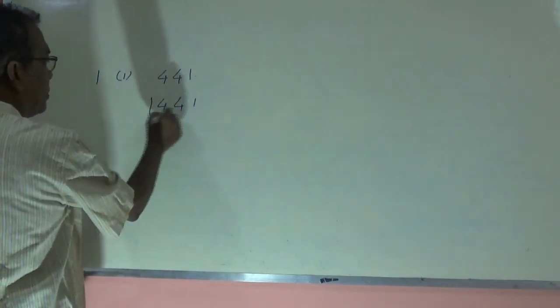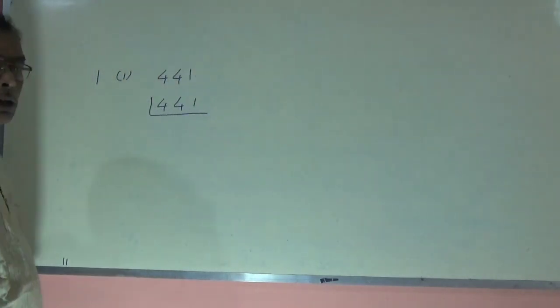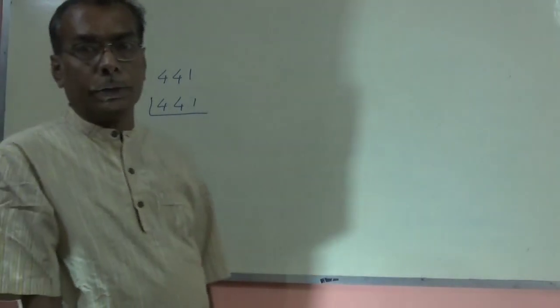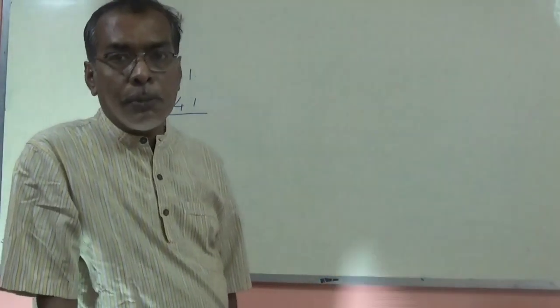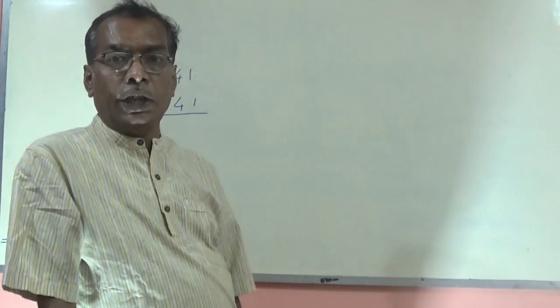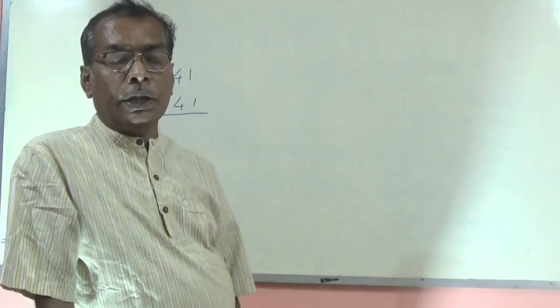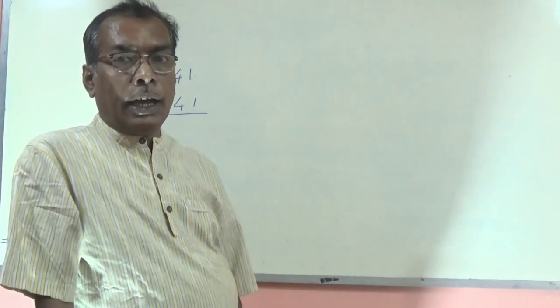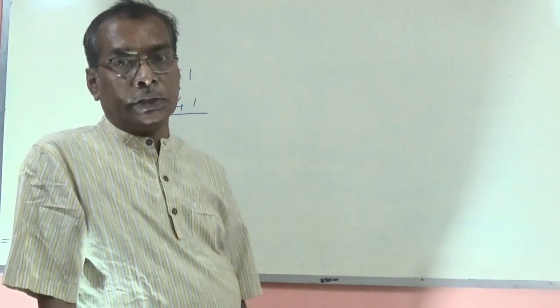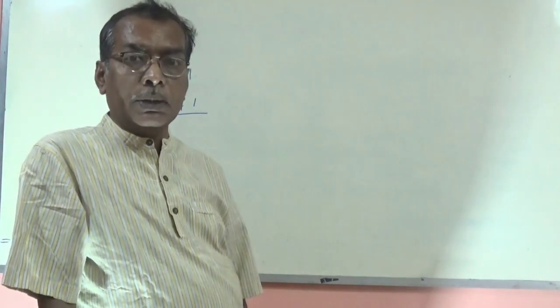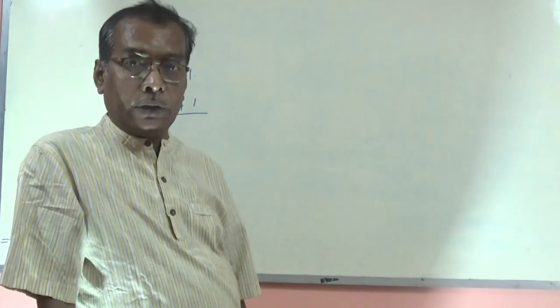Now prime factorization means you have to divide this number by the smallest prime number. Prime numbers are 2, 3, 5, 7 and then 11 etc. The number which is not divisible by any number other than itself.